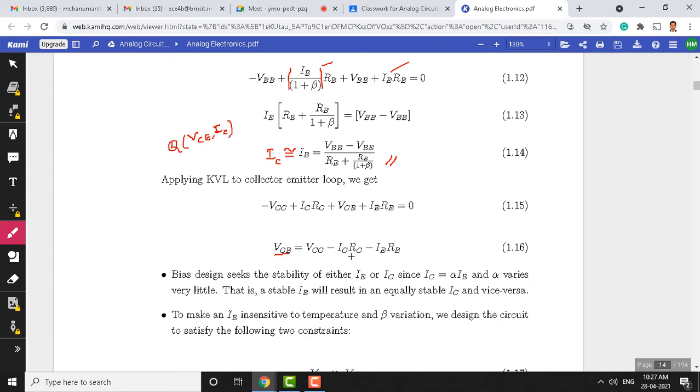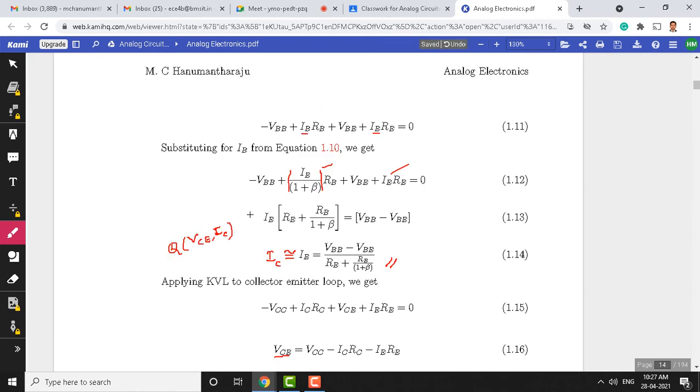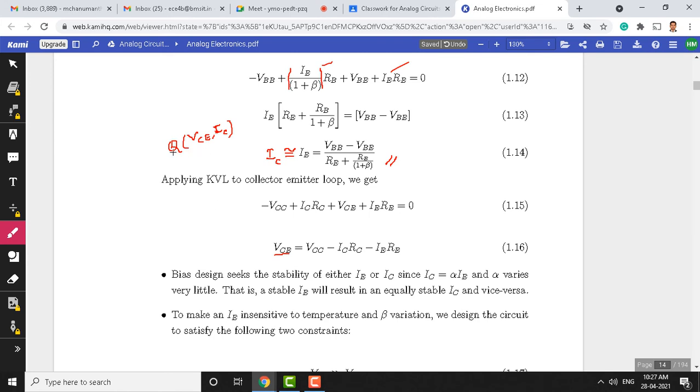This operating point is very important, because it lies in the middle of the active region, if you recall the transfer characteristics. This operating point lies in the active region of a transistor.